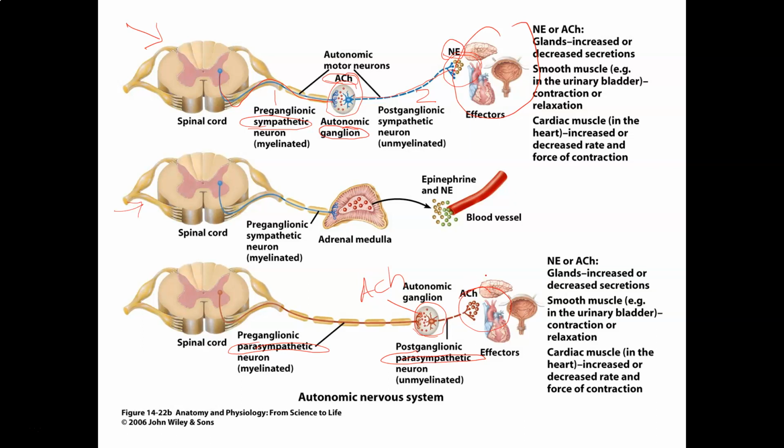So this goes part of the way anyway in explaining how the sympathetic and parasympathetic can have different effects on the same organ, because they're releasing different neurotransmitters, norepinephrine for sympathetic, acetylcholine for parasympathetic, and those are binding to different receptors, acetylcholine or norepinephrine receptors. And so they're going to have different effects.